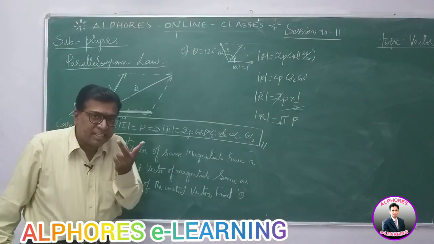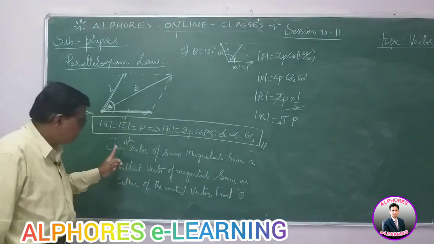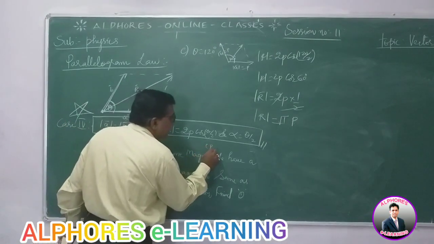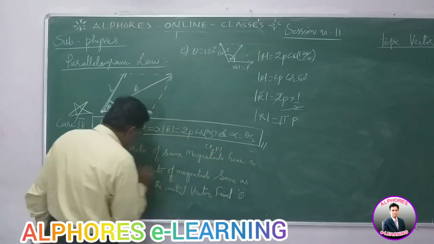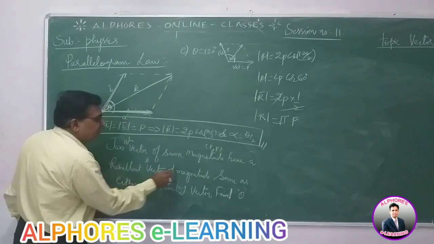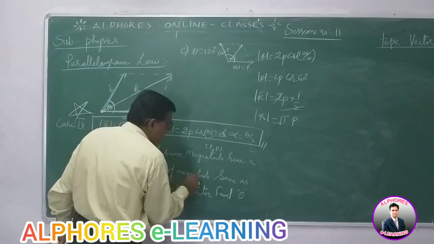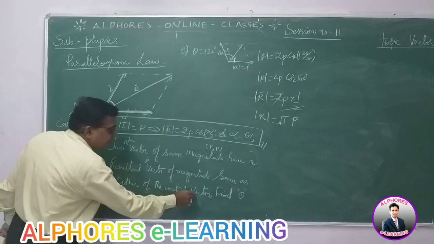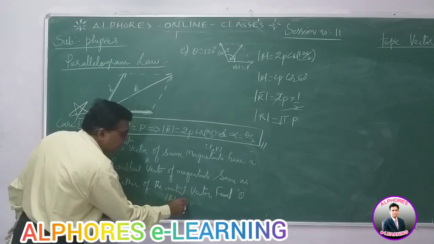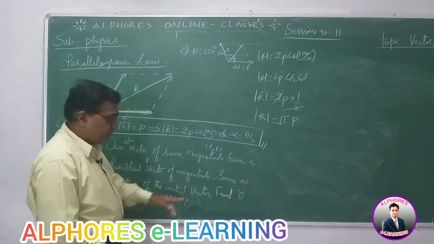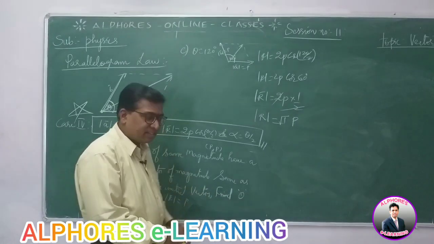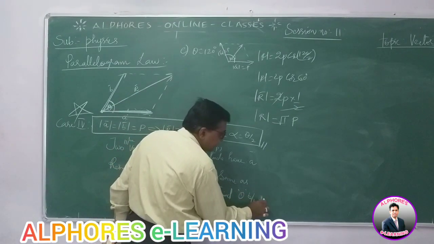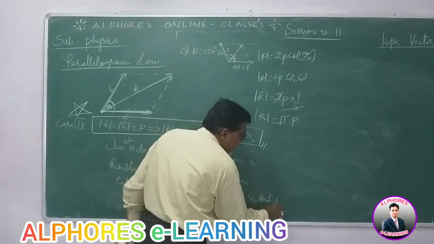Initially I am taking the vectors as P and P. So two similar vectors of same magnitude P comma P have a resultant vector R such that the magnitude mod R is the same as either of the initial vectors. So mod R is equal to P. Then what is the angle theta between the initial vectors?